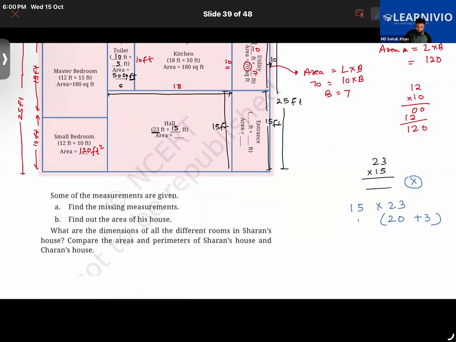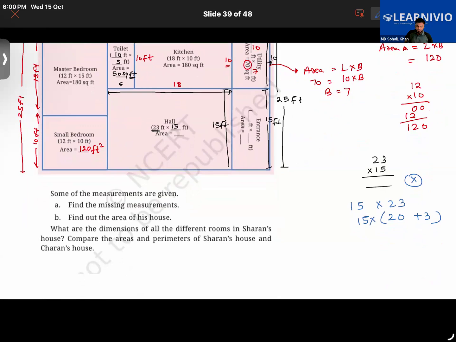Next, you multiply 15 with 20. 15 multiplied by 20 is 300. Then you multiply 15 with 3. 15 threes are 45, and 300 plus 45 is equal to 345. That is one of the methods to multiply.